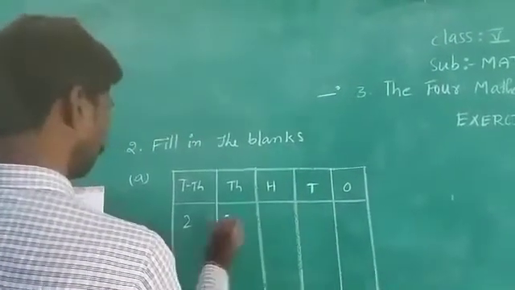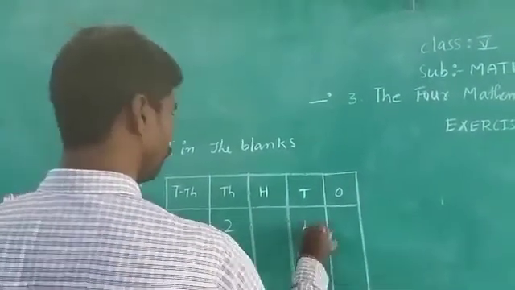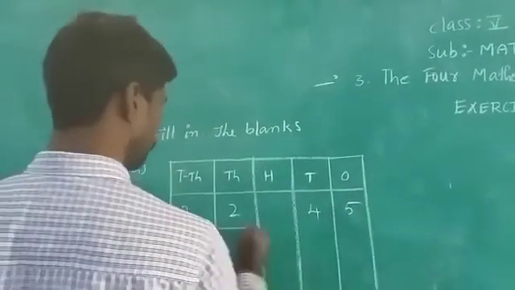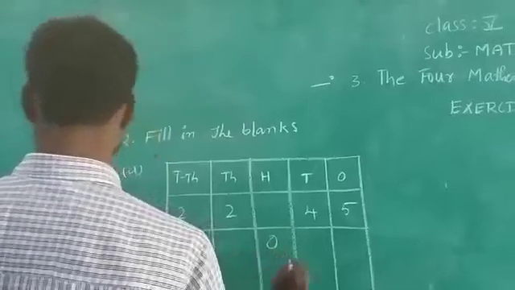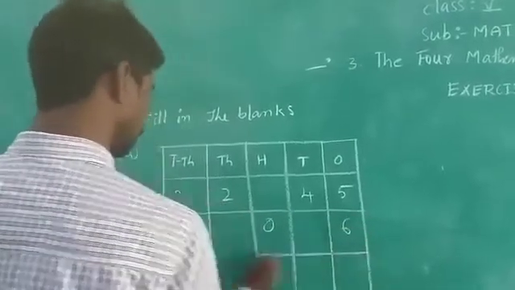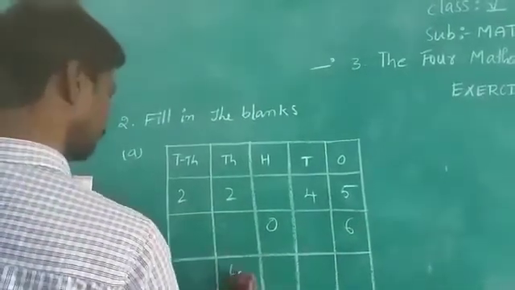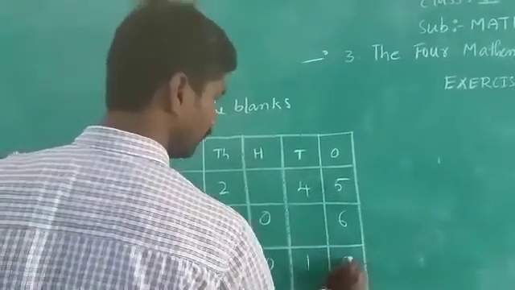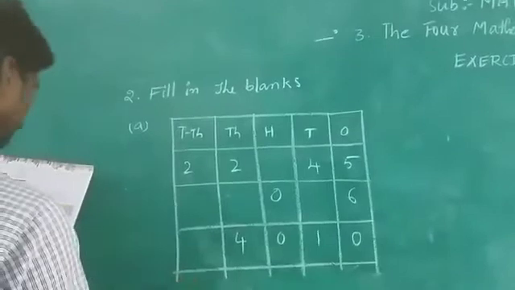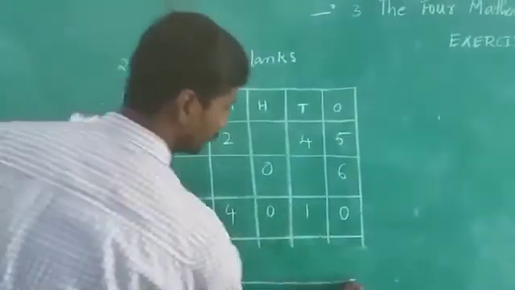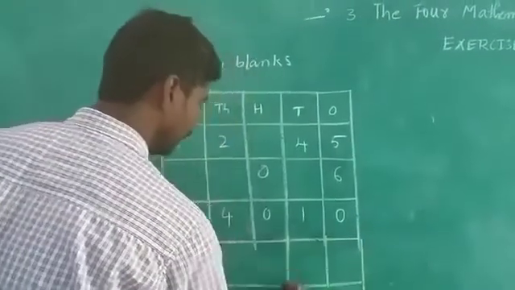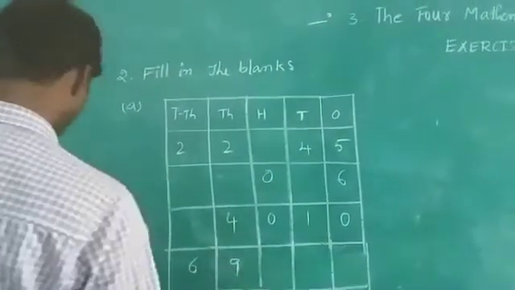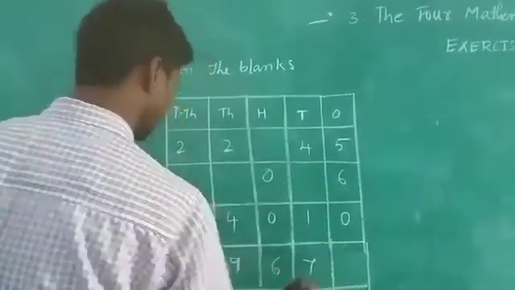The next one 2, 4, 5. The next one 0, 6. The next 4, 0, 1, 0. And here also some answers are given. What are the answers? 6, 9, 6, 7.